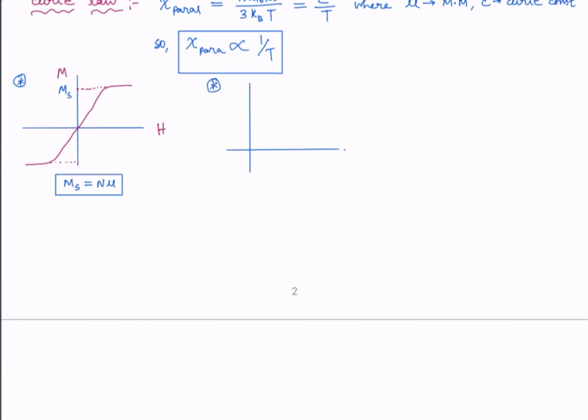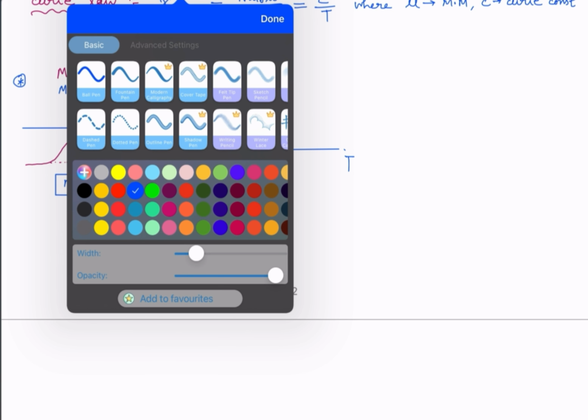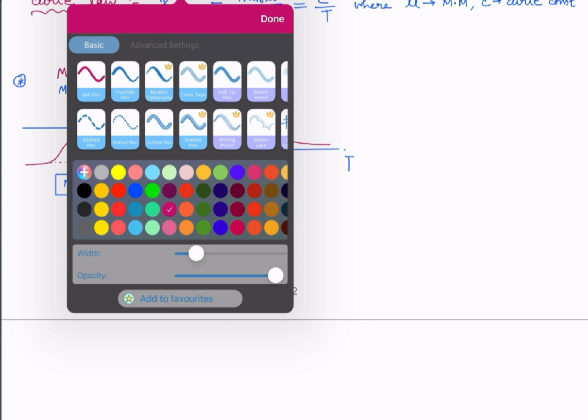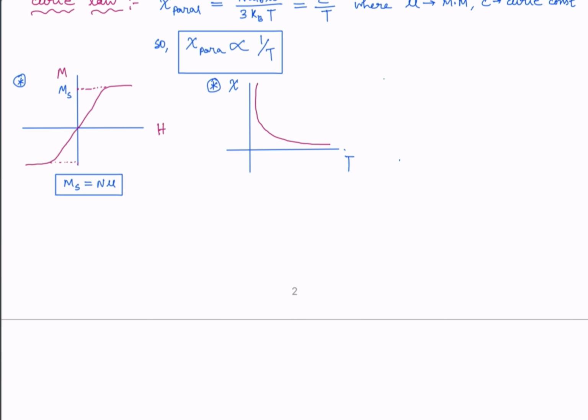Next, we will draw 1 by chi versus temperature curve, which looks like this.